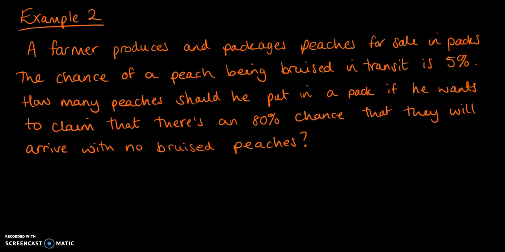So again, let's start by writing down what we know, which is first that the probability of getting no bruised peaches in the pack needs to be 80% or 0.8. Then we also have the probability of success, or rather probability of bruising in this case, is 0.05.